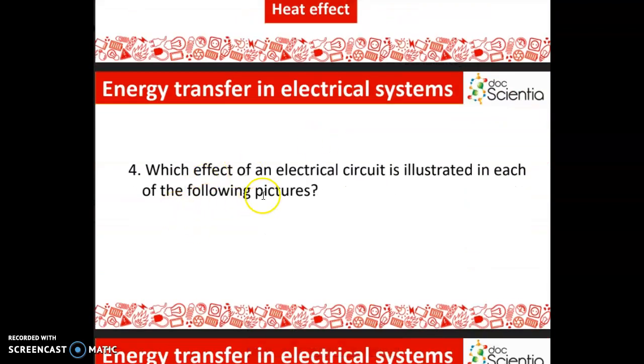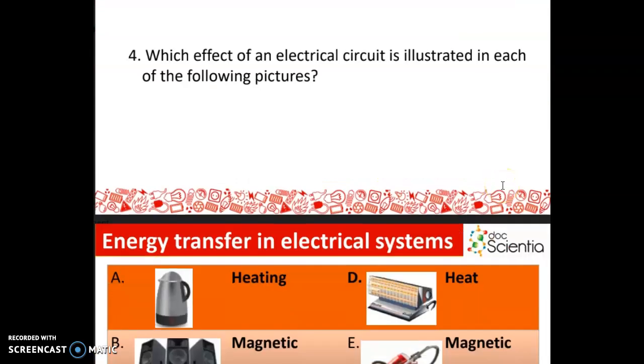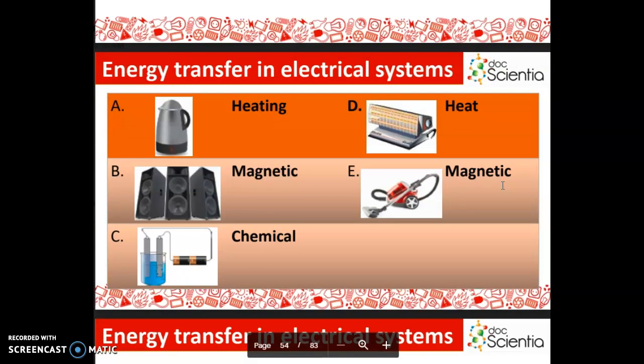Number 4. Which effect of electrical circuit is illustrated in each of the following pictures? A is a kettle. That would be a heating effect. B is our speakers. That would be the magnetic effect.